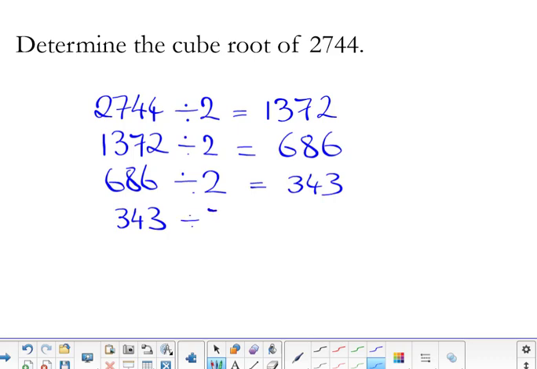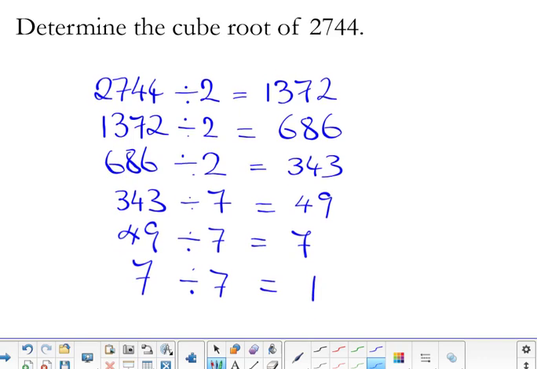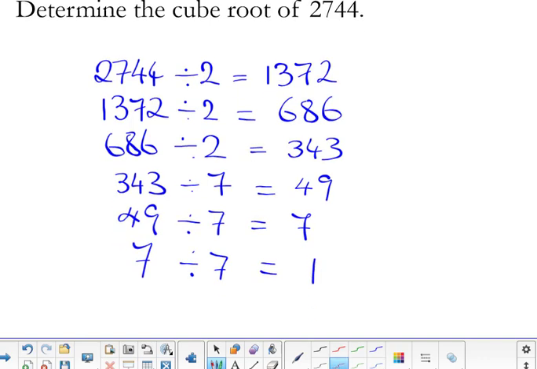But I find that you can divide it by 7. So that's our next biggest prime, and that's equal to 49. 49, we can divide by 7 again. That's equal to 7. And finally, we get 7 divided by 7, and that's equal to 1. So here are our prime factors.